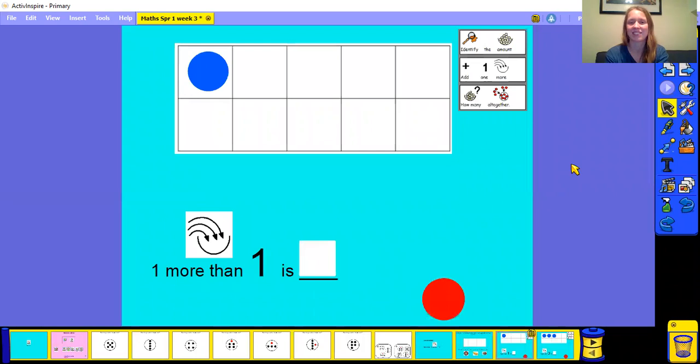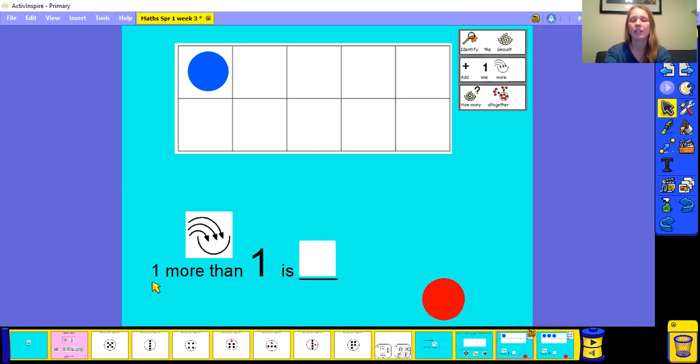Okay, let's get started. Here I have a sentence. It tells me 1 more than 1 is, and I need to find the answer. The first thing I need to do is make sure that there is one counter on my 10 frame. Here it is, one blue counter. This blue counter represents the large 1 that you can see.